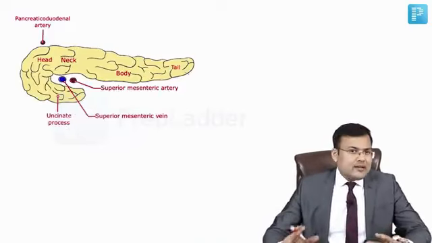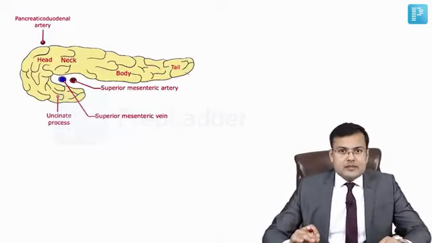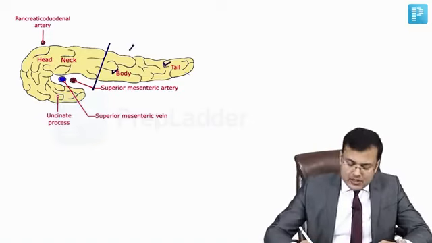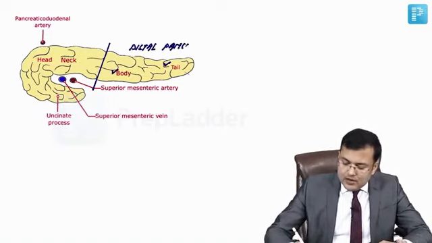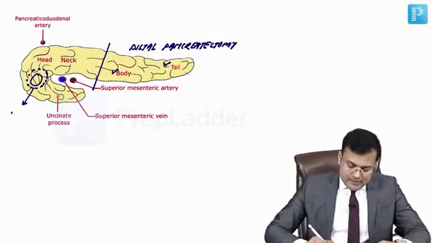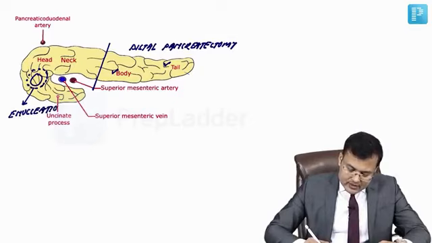In management of pancreatic tumors, we follow certain principles. Any tumor located in body and tail, we go for distal pancreatectomy. If there is benign tumor located in head, we go for enucleation.